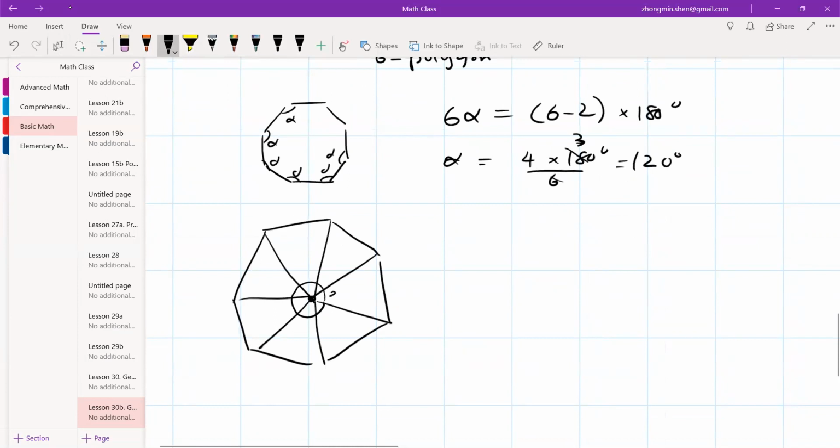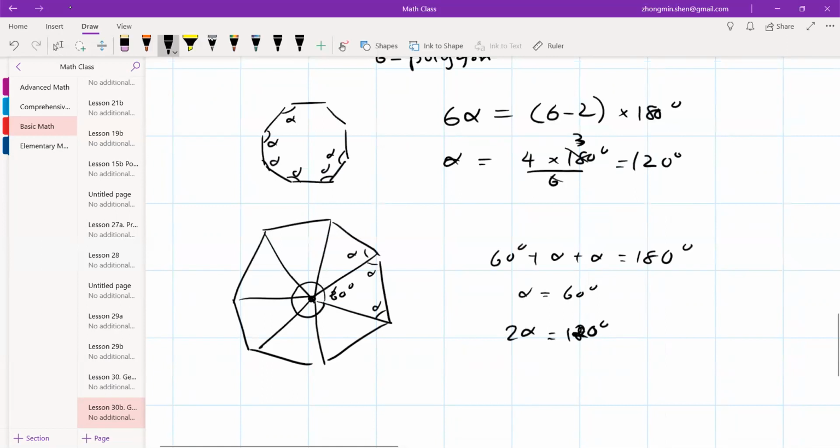Divide by 6, so it's 60 degrees. Then the other two angles also must be 60 degrees. Why? Because if this is alpha, it forces the other one to be 60 degrees, since 60 degrees plus alpha should equal 180 degrees. So alpha must be 60 degrees. So now you get an equilateral triangle. But then here's also alpha, so 2 alpha is going to be 120 degrees, which is the interior angle of the hexagon.